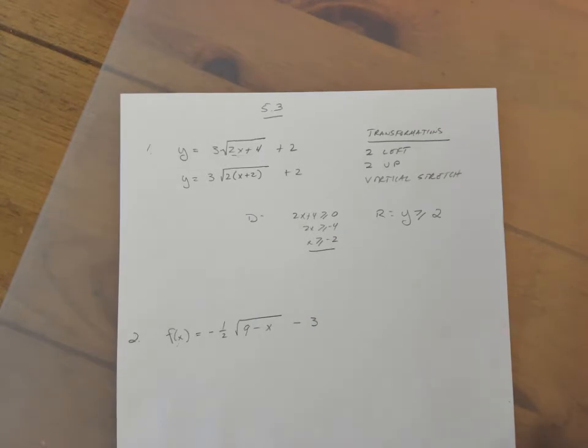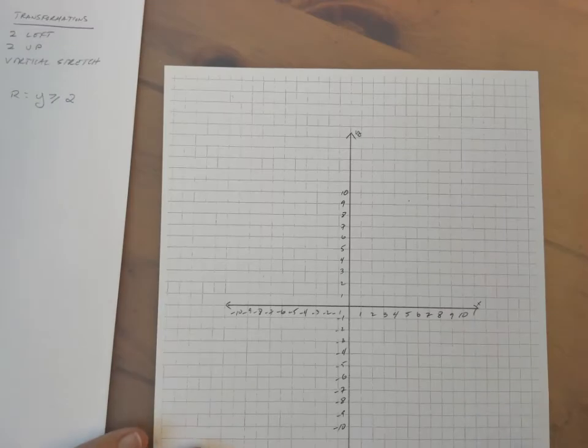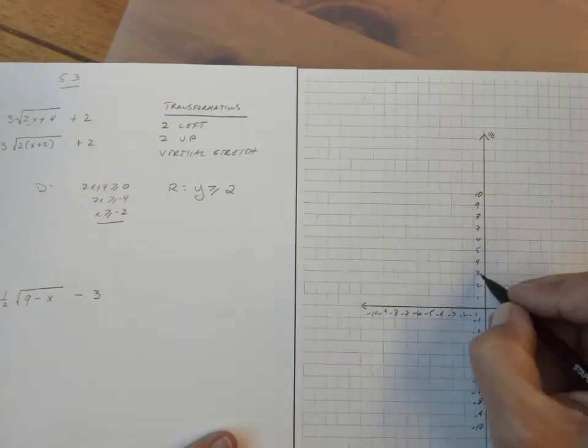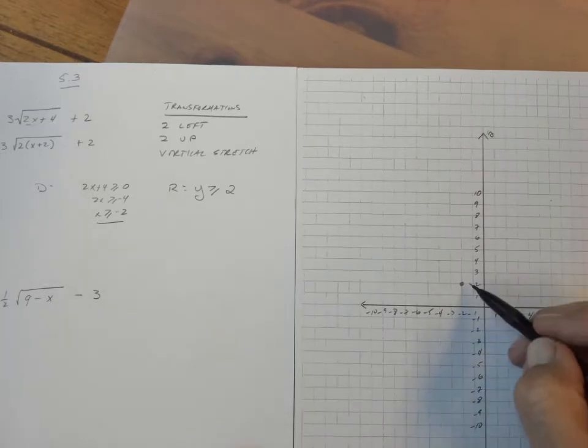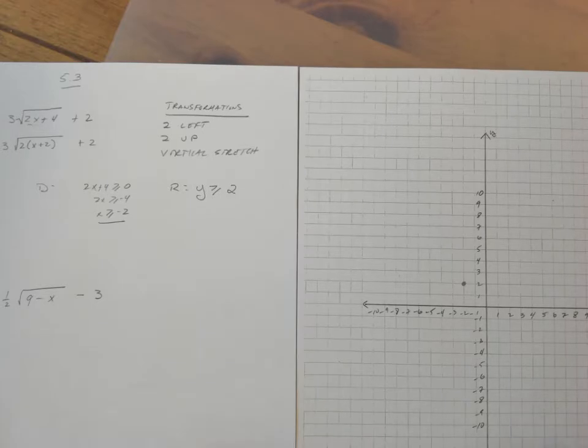Okay, so a couple of things. Here's our graph paper. So we've already identified that we are going 2 to the left and 2 up. And we know that the domain is x greater than or equal to -2 and the range is y greater than or equal to 2. So we want to grab a few other points here to plot so that our graph is accurate.